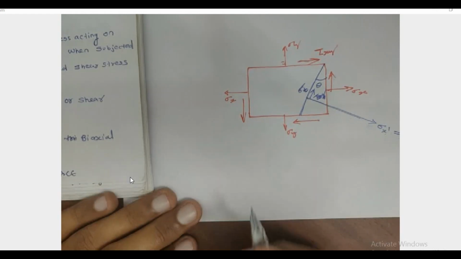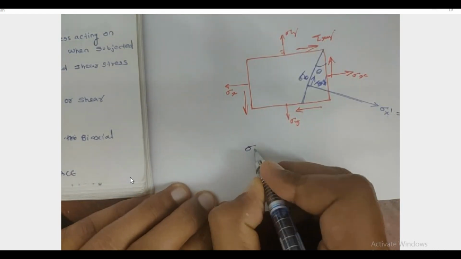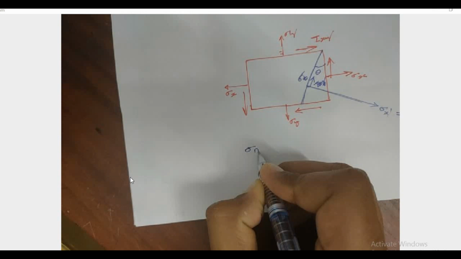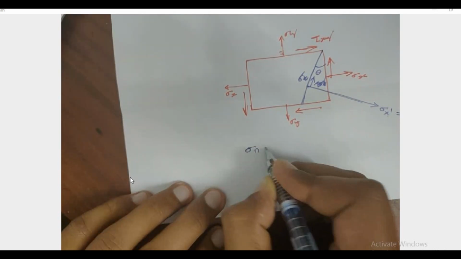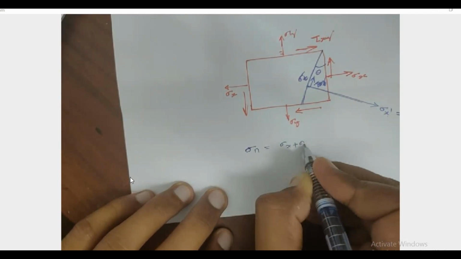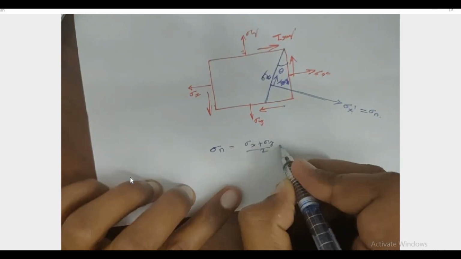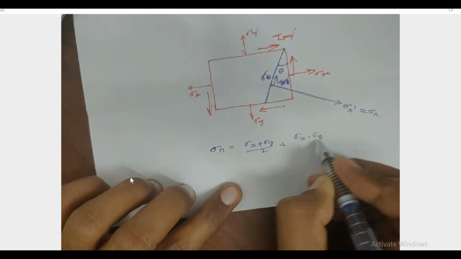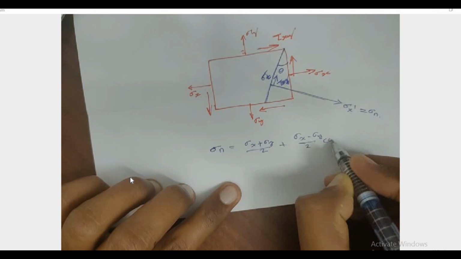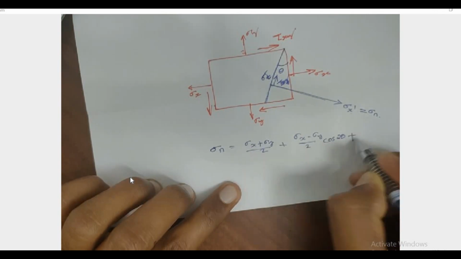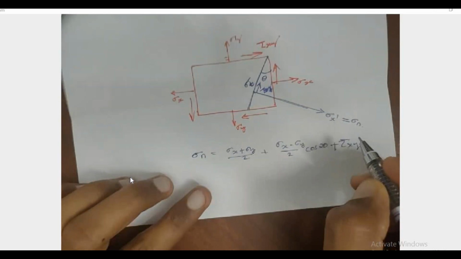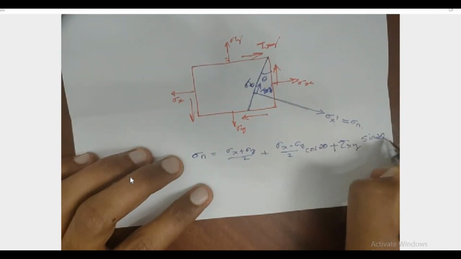Okay. This is the equation to calculate sigma n. Sigma n is equal to (sigma x plus sigma y) by 2 plus (sigma x minus sigma y) by 2 cos 2 theta plus tau xy into sin 2 theta.